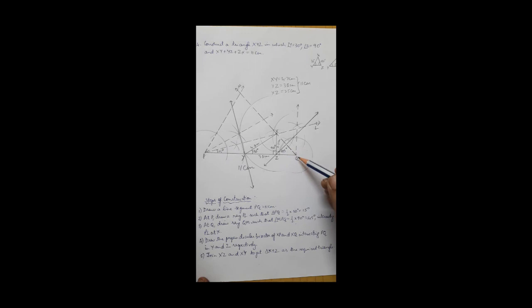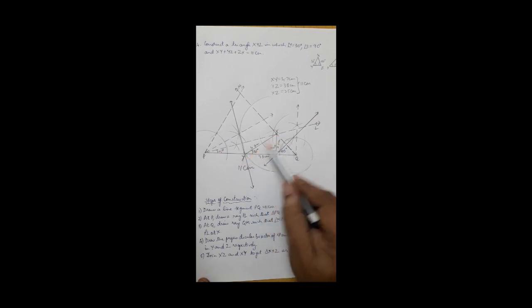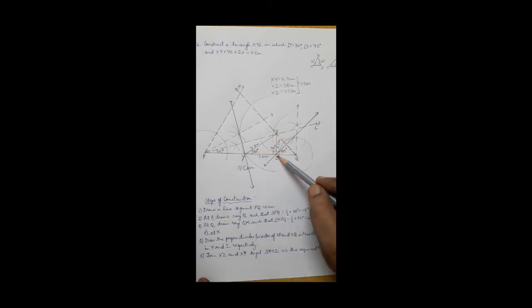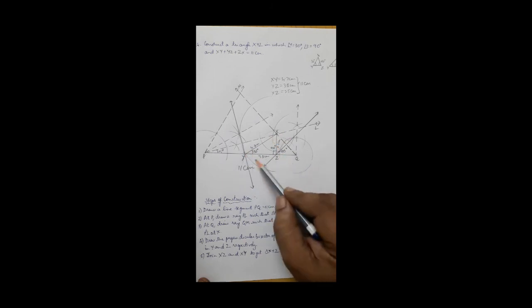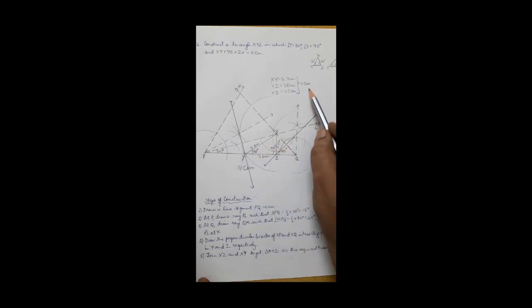Now the next part we did was draw perpendicular bisectors, and where these perpendicular bisectors met, we marked those points as Y and Z, and then we joined XY and we joined XZ to complete the triangle, and we measured the three sides of the triangle. The sum of the three sides was found to be equal to 11 centimeters. This is how we construct this triangle.